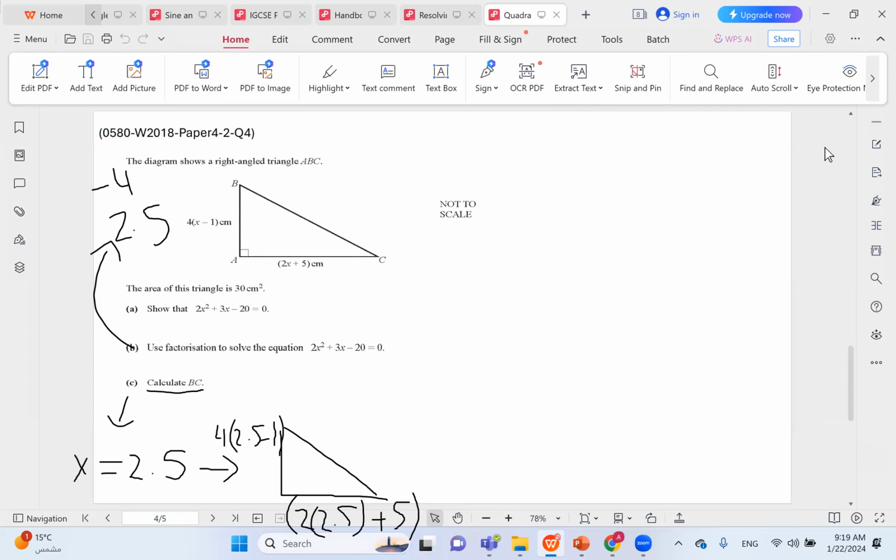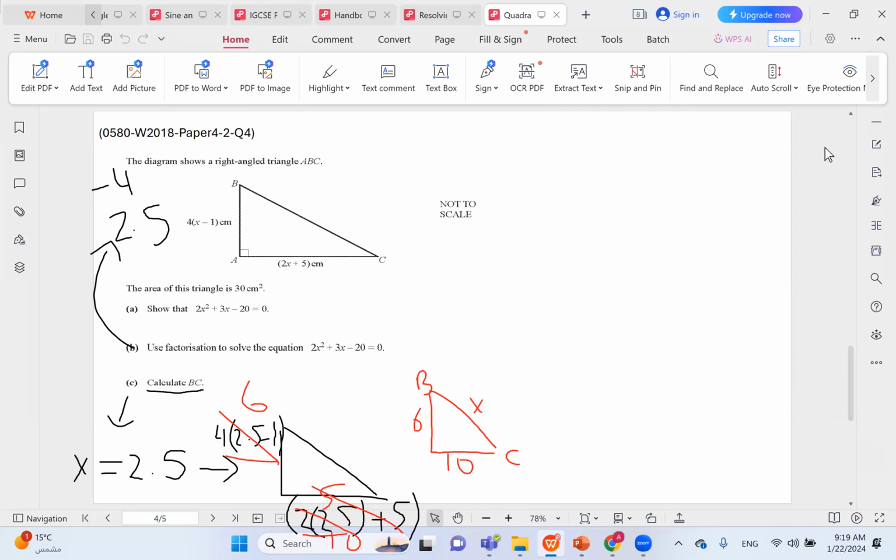You can use the calculator or mentally or whatever. So this is going to be 6, and here you have 5. 5 plus 5 gives you 10. So we have a triangle that looks something like this. And we are required to find BC, which is basically x in this equation.